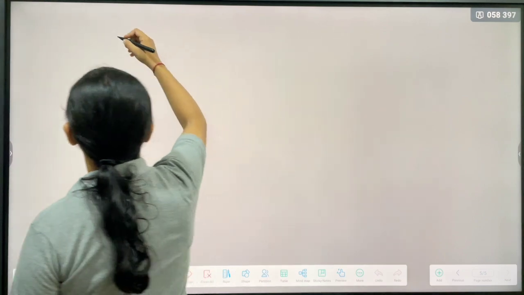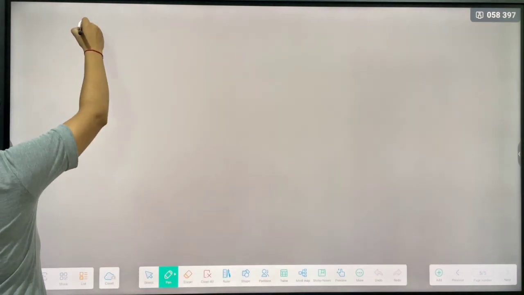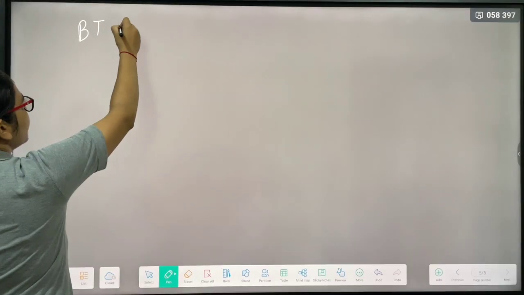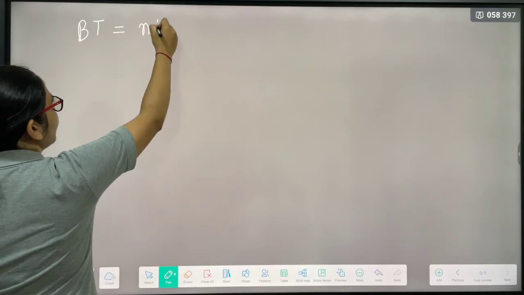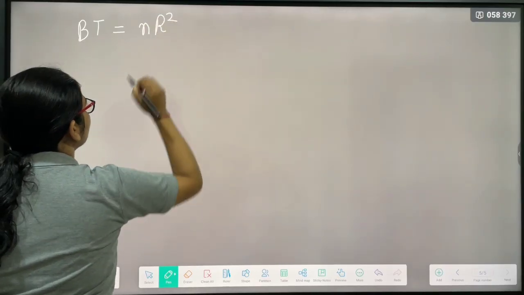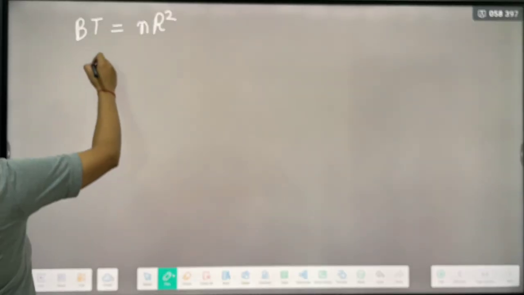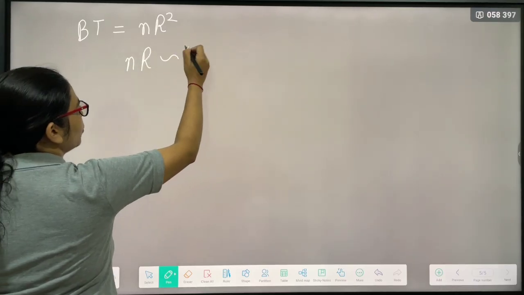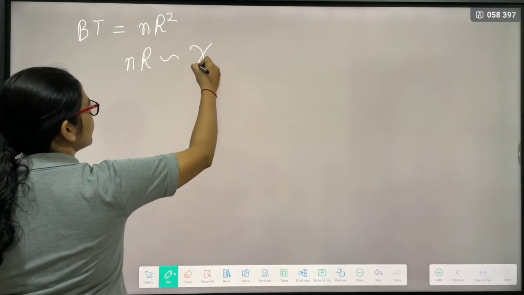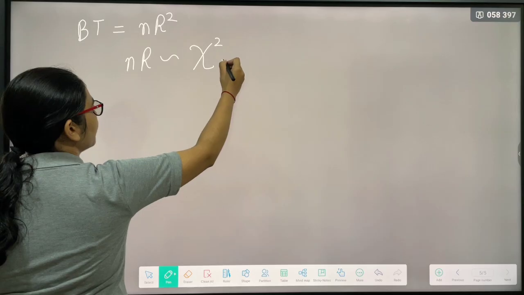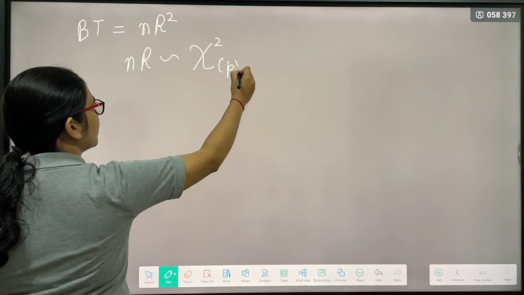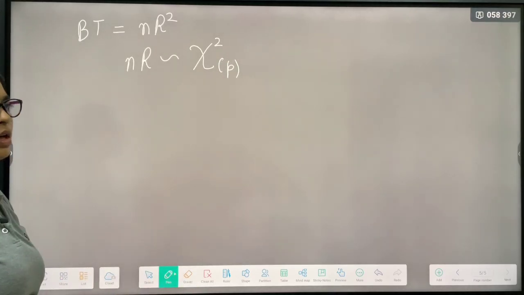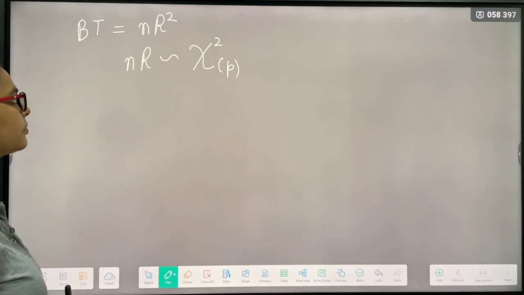Now the Breusch-Pagan test statistic, I am writing it as BT, is given by n R square. Here n R square follows chi square with the parameter p.